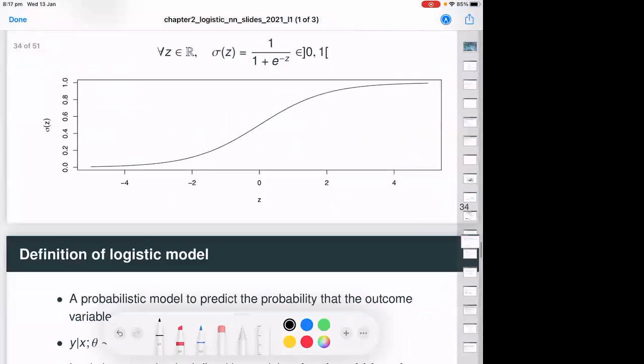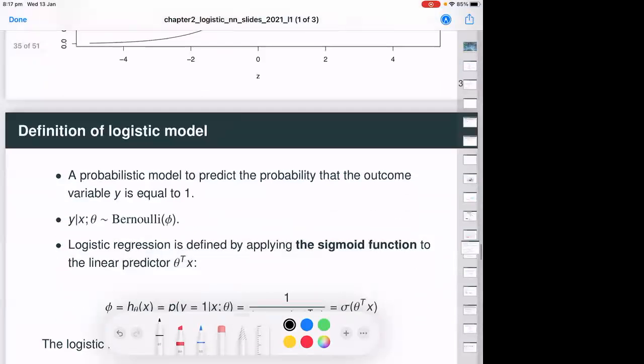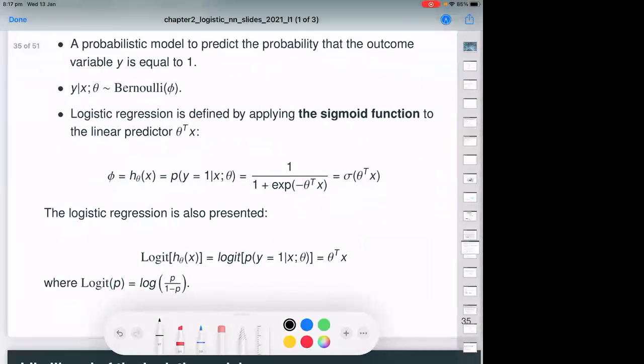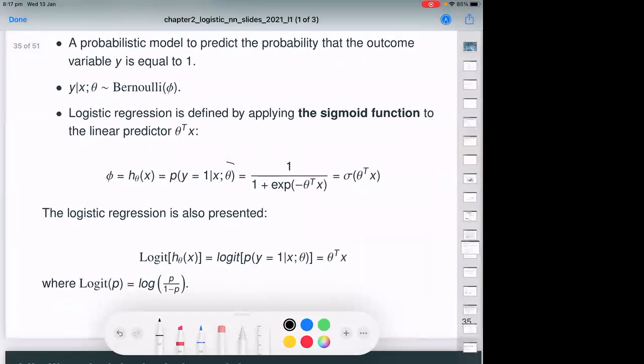I will not explain the logistic model again; you have the slides and have read this. The output is the probability that we estimate. In my example, theta is my parameter and x is my features. At the end, my model gives me the probability that my outcome is 1, given some features.